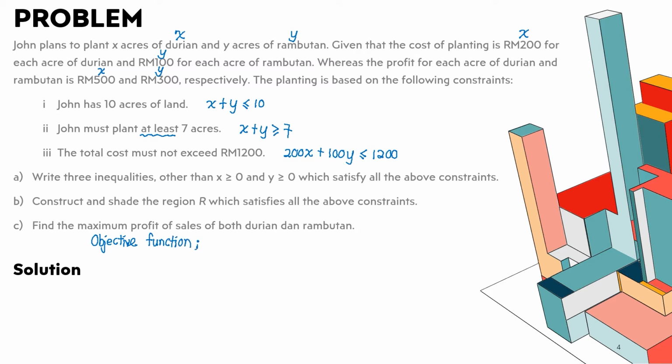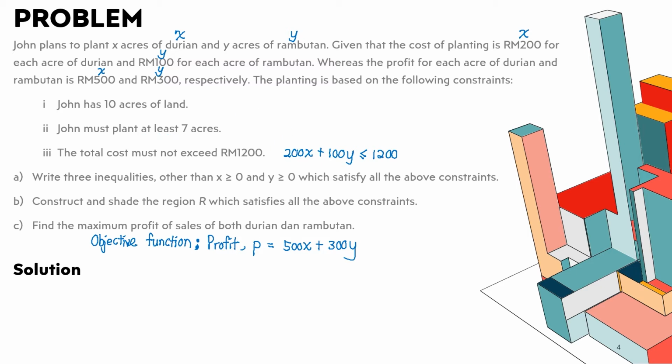So here is our objective function, let's say profit, where we represent it by the symbol P, is equal to, so the profit for durian is 500, so it's 500x plus, whereas the profit for the rambutan is 300, so it's 300y. So our objective function actually is the profit, represented by P is equal to 500x plus 300y. So this is our objective function.